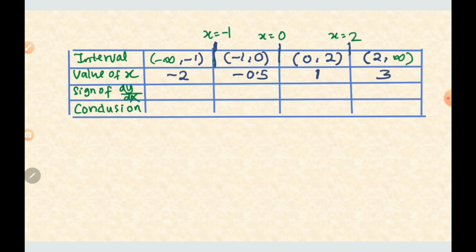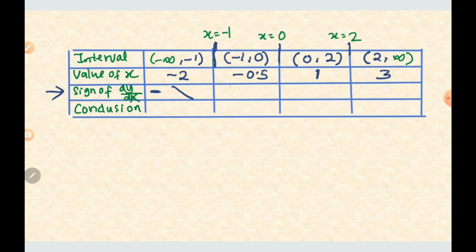Then you substitute negative 2 into dy/dx, the derivative of y, and you get negative, which means the slope is like this.